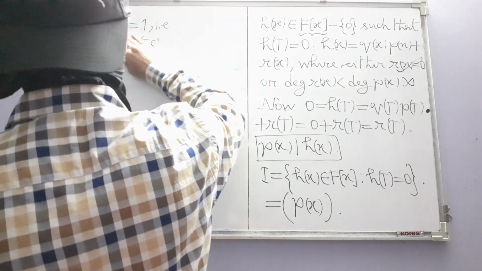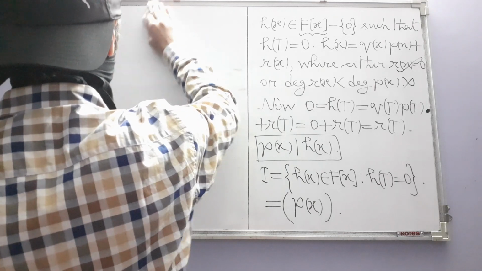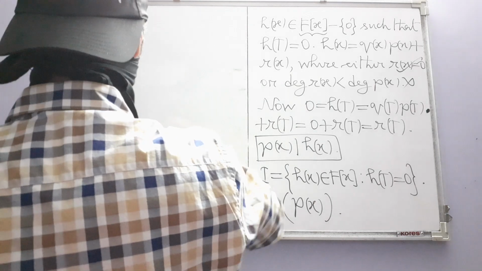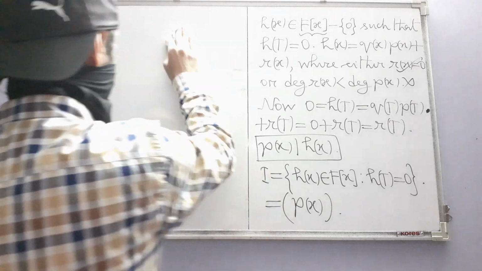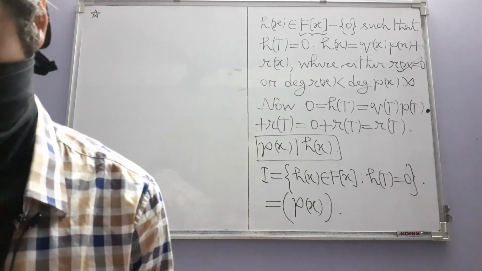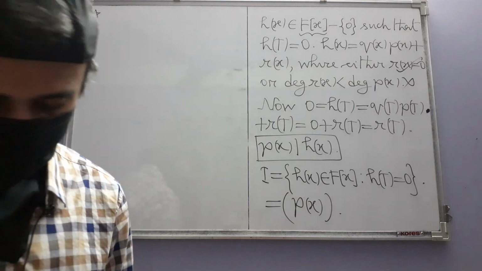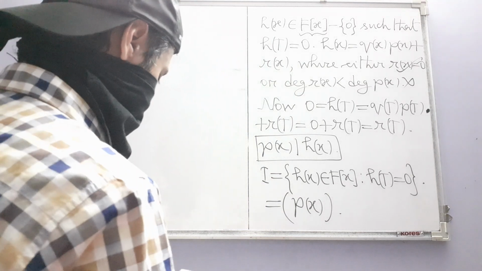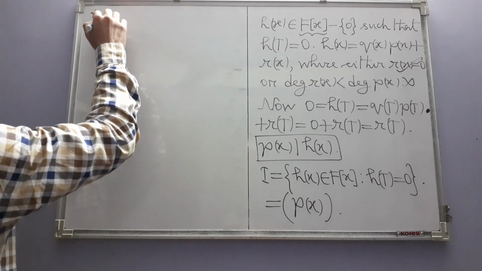So underlying all these things, actually there is ring theory, or rather a combination of rings and vector spaces. So the result that next comes is this.